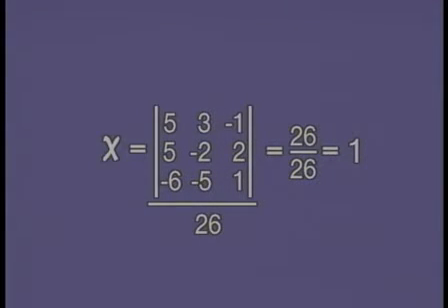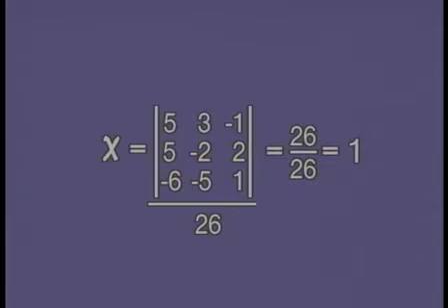Okay? In the numerator, we have a 3 by 3 determinant, where we've replaced the first column, the coefficients of x in the 3 equations, with the 3 numbers on the other side of equals. 2, 3, and 1.